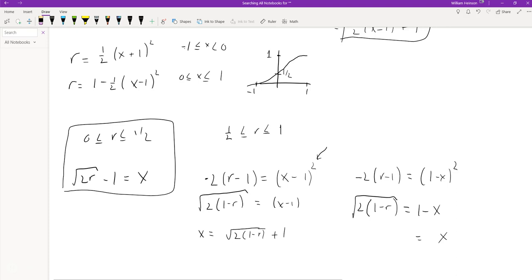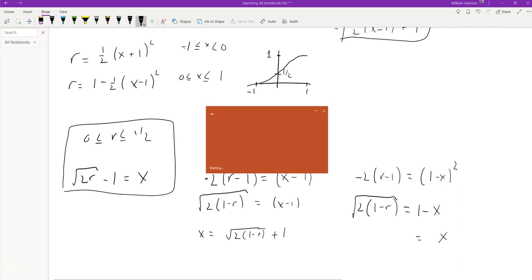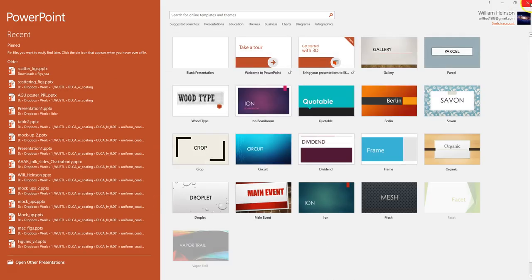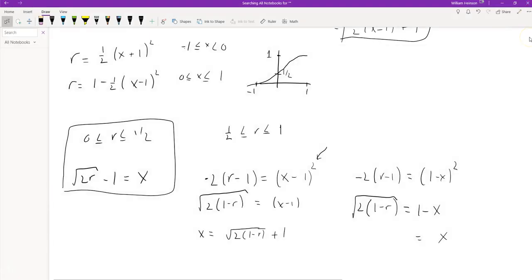Oops, didn't want to do that. Hit PowerPoint. Sorry about that. So that becomes negative, but it becomes negative. So it's x equals 1 minus the square root of 2 times 1 minus r.